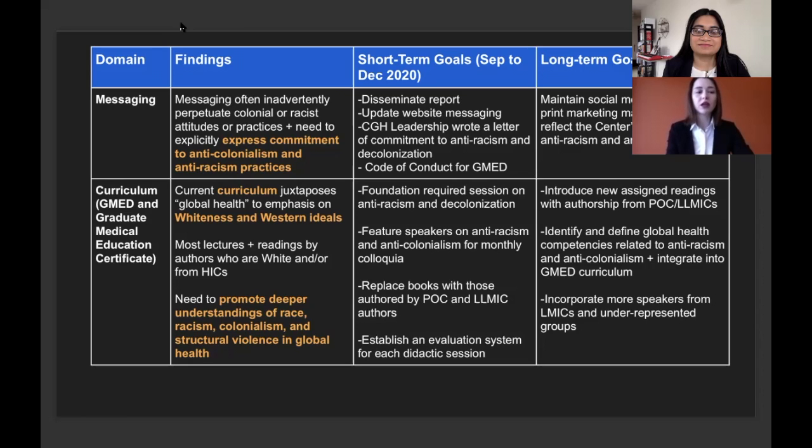For the curriculum, and that includes both the global health medical school education and graduate medical education certificate, we requested in the report that the curriculum promotes deeper understanding of race, racism, colonialism, and structural violence in global health, and really juxtapose global health from the whiteness and Western ideals that sometimes get pushed on people from other countries, such as low and low middle income countries where global health research usually happens.